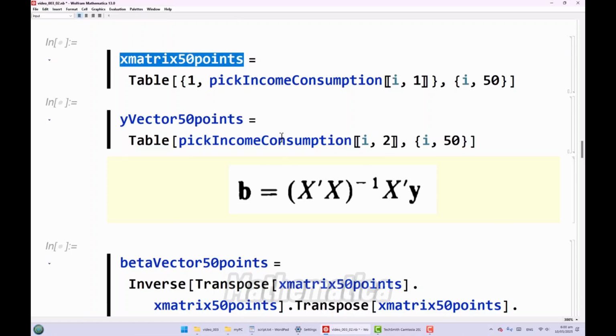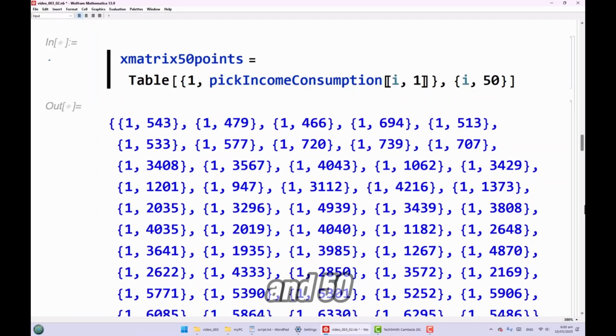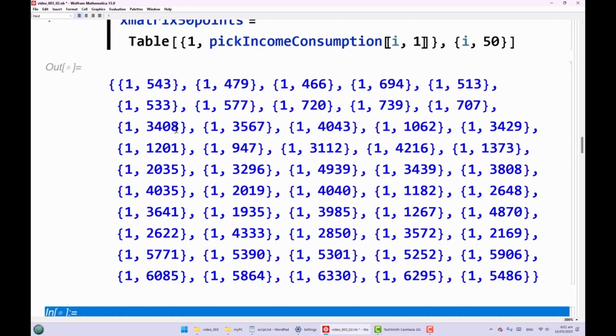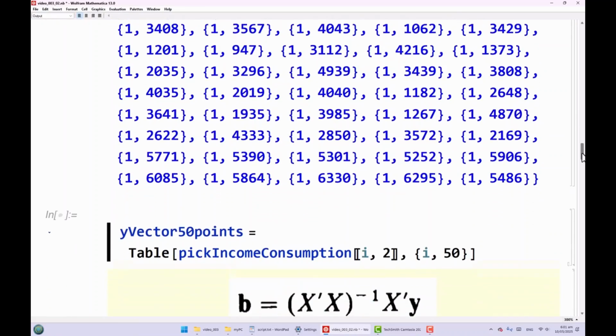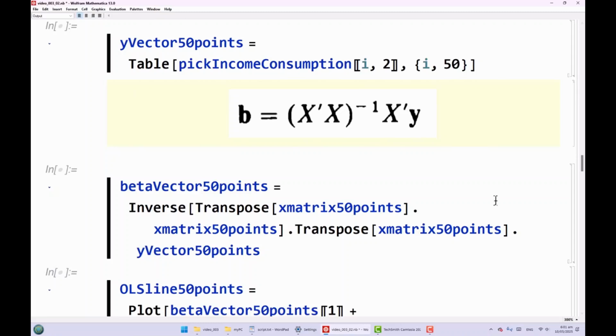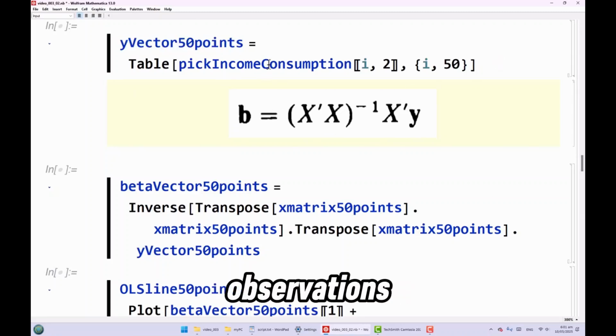Define X matrix in Mathematica. It has 2 columns and 50 rows. Define Y vector of 50 consumption observations.